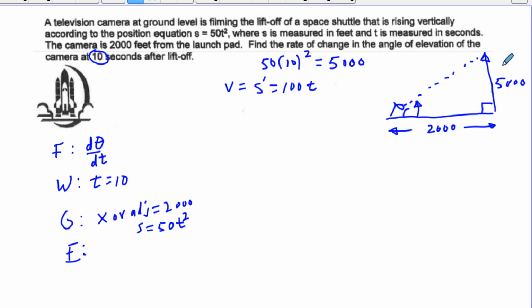So we're going to have v of 10 seconds is going to be 100 times 10 equals 1,000 feet per second. So velocity equals 1,000 feet per second. I'm not sure if we're going to need that.